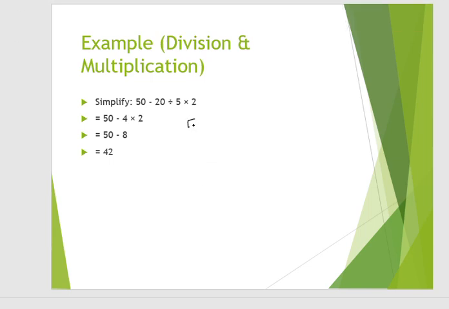First we divide 20 by 5, so we get 4 into 2, and 50 means we have to subtract this number. So 4 into 2 is 8, and 8 needs to be subtracted from 50, which gives the answer 42. I hope it is clear.